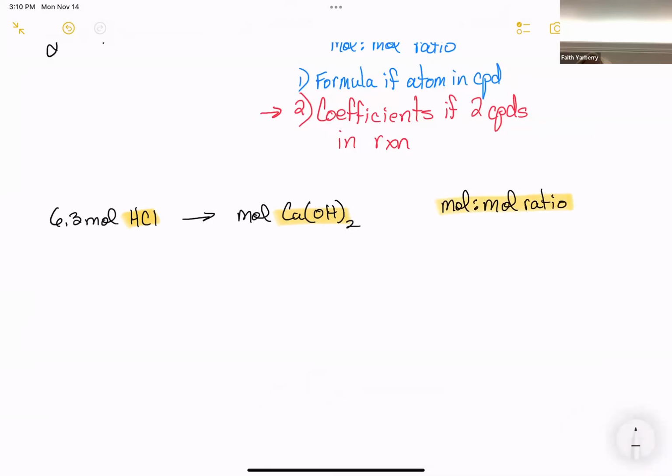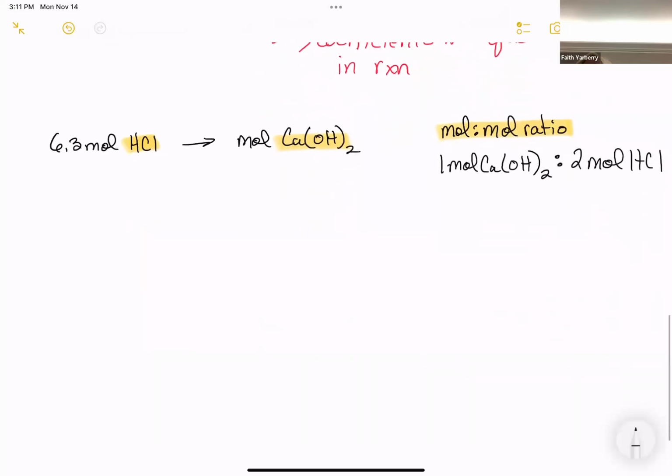And according to the coefficients of our balanced chemical equation, 1 mole of calcium hydroxide was required for 2 moles of HCl. The other pieces I see are mole and mole, which are already covered in the conversion factor. So I'm ready to start this problem.